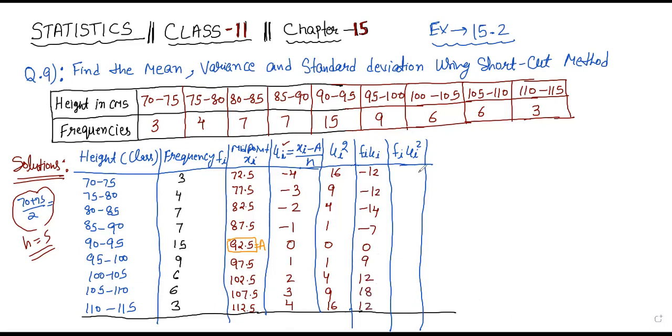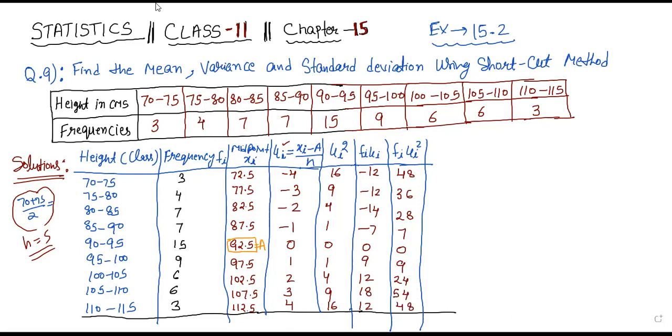And fi ui square is 48, because 16 into 3 is 48. I am only multiplying two numbers, 54 and here 48.